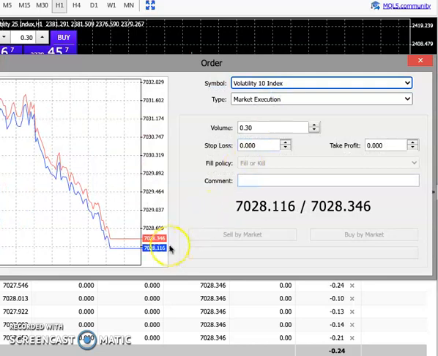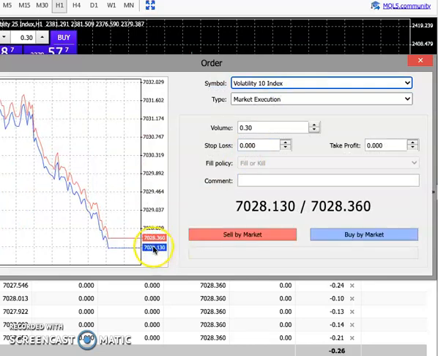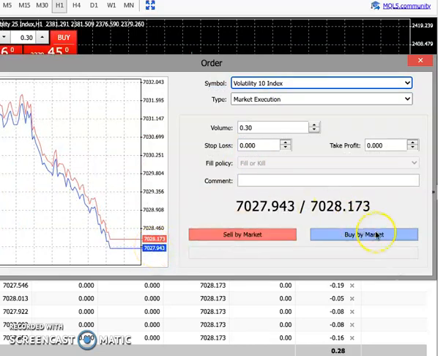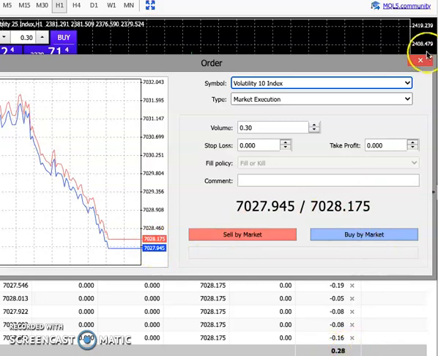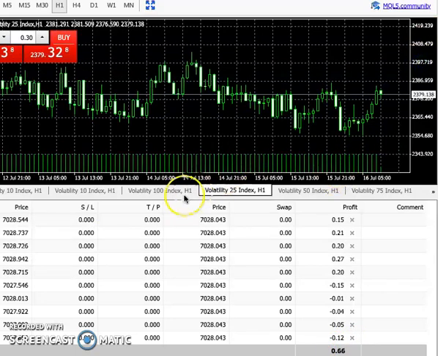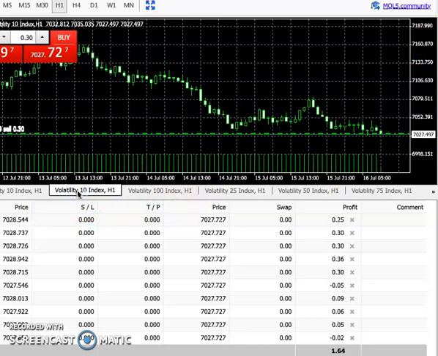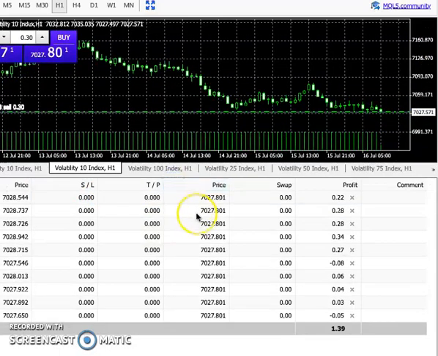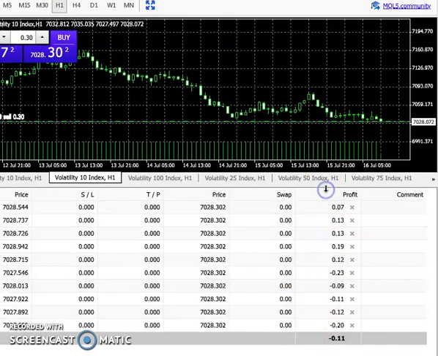Let's see, can you see V10? It's right at the bottom, and as you can see, I'm in profit now, which means I took my trade at the bottom. I'm going to show you I'm in profit, right? Where I took my trade at the bottom here on a 1 hour time frame, it will keep running down now because it's trying to make a sell again.